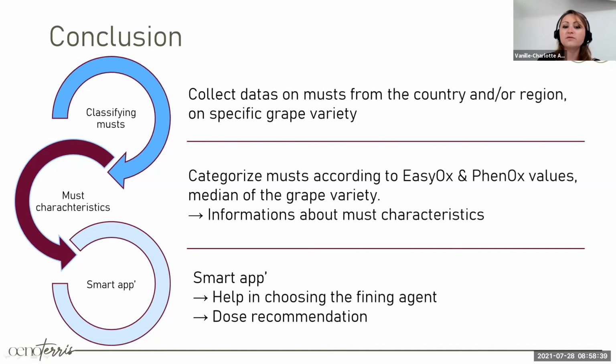So that's going to give you the information about must characteristics. And then in the end, the SmartApp is going to help you in choosing the finding agent and the dose of recommendation, depending on the objectives and constraints that you've decided on and selected.